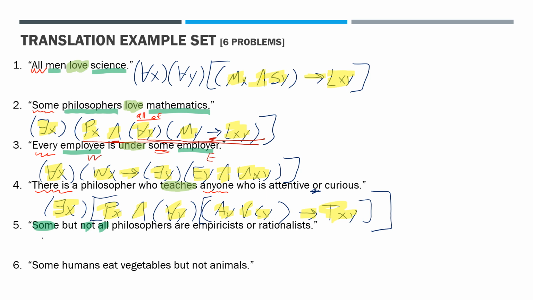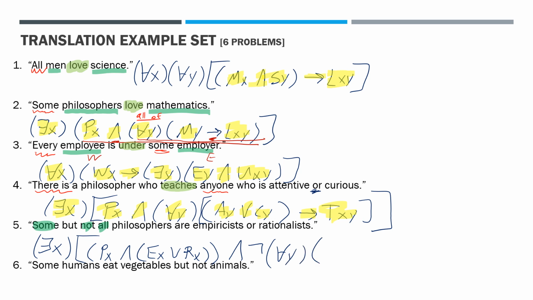In other words, we can say that there exists some X such that X is a philosopher, and, parentheses, X is an empiricist, or X is a rationalist, and it is not the case that for all Y, if Y is a philosopher, then Y is an empiricist, or Y is a rationalist.